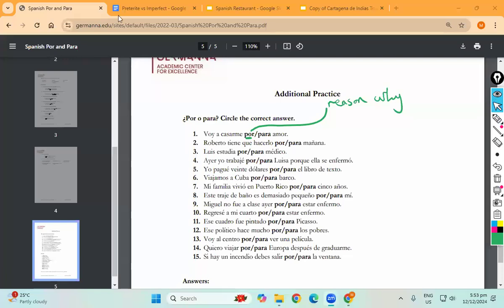Now, if you said, I'm going to get married to find love or to get love, not an emotionally healthy thing to do, right? But then it would be para. Like if the destination was love, then it would be para. But we mean that the reason we're getting married is love, so por, right?